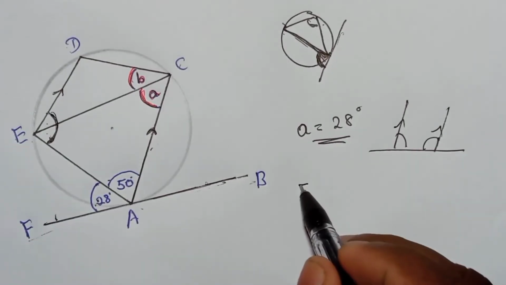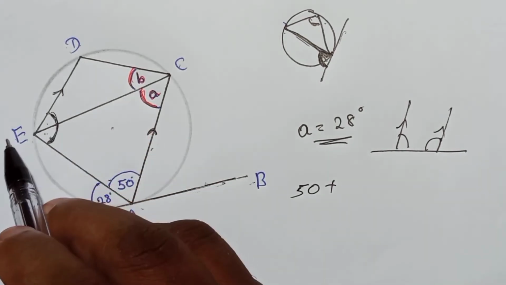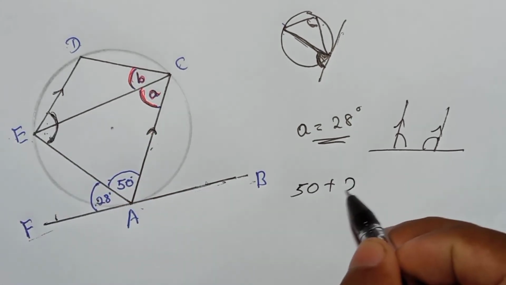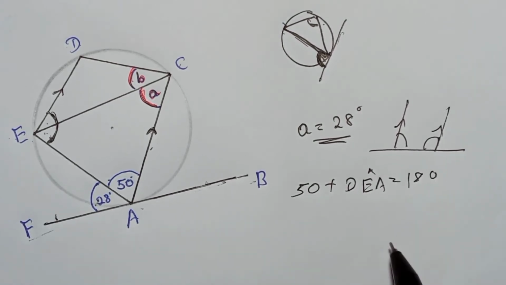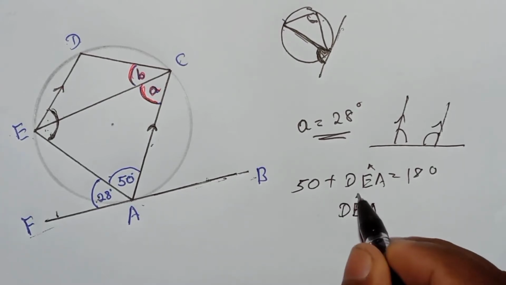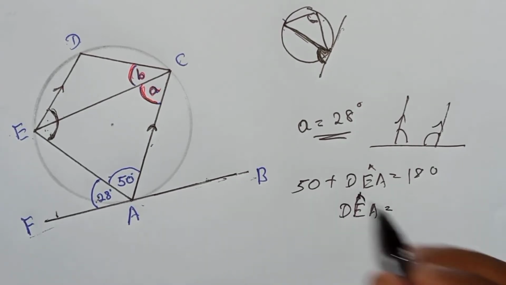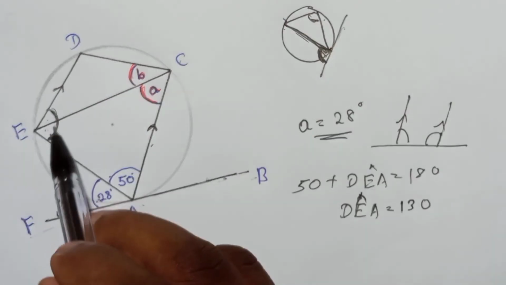So I can write 50 plus this angle, I can call it DEA, DEA should be 180. From that you can get DEA, right? DEA will be 180 minus 50. I will do it quickly here. Here will be 130. So this will be 130.